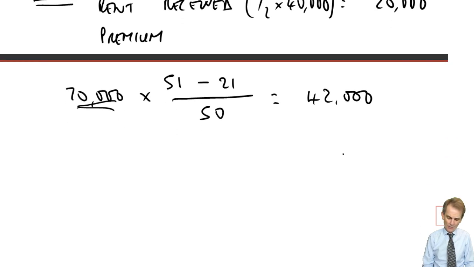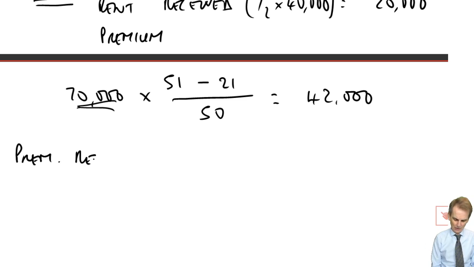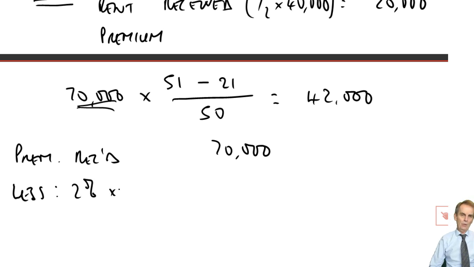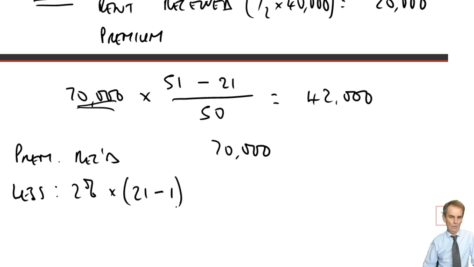Now, the other way that we said that you could learn this was the premium received, 70,000 less 2% for the number of years of the lease, 21, minus 1. It's a 21-year lease minus 1.